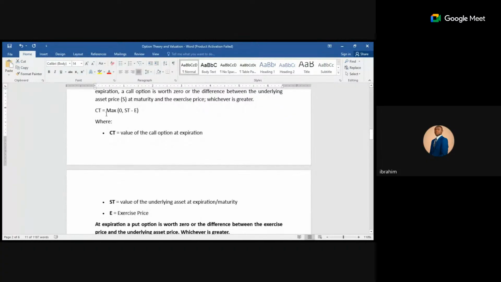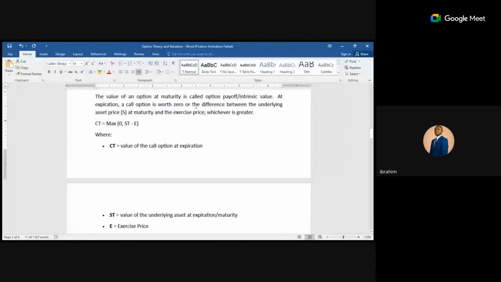It is calculated as CT equals the maximum of 0, ST, which is the value of an underlying asset at the expiration or maturity, minus E, where E is the exercise price.